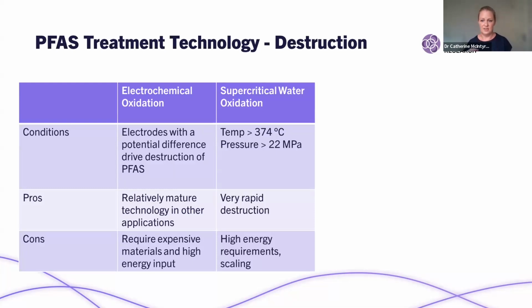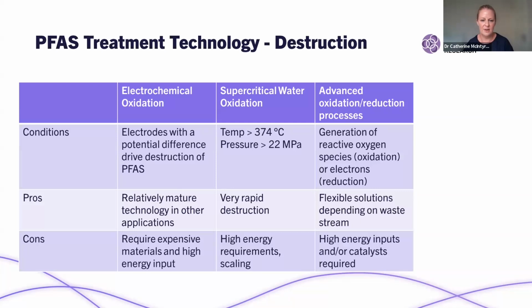So the water, oxygen, and PFAS are then all dissolved in a phase that is not quite a liquid, not quite a gas, and then you get very rapid mineralization of the PFAS compounds. But because of those high temperatures and pressures, you're talking about very high energy requirements. And because everything in the solution is mineralized, it does leave a scale behind that then has to be dealt with. So pros and cons to all of them.